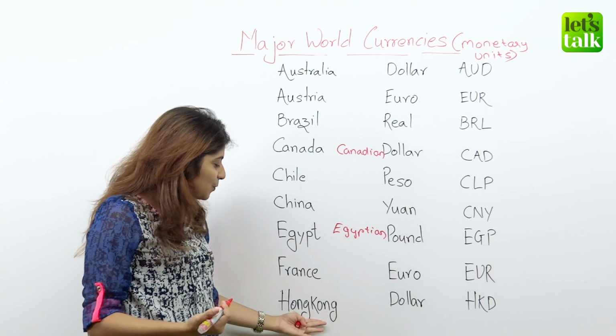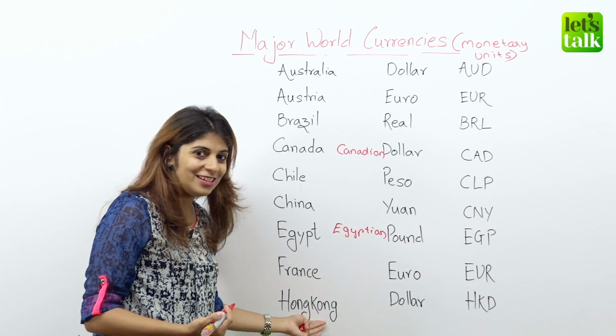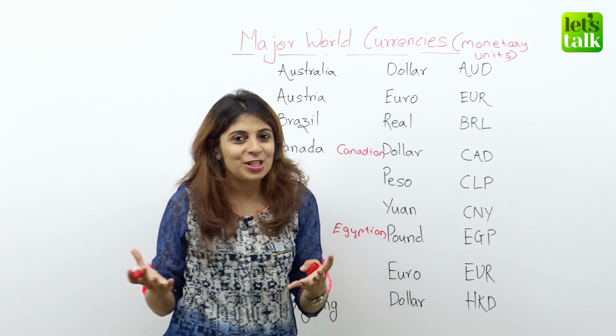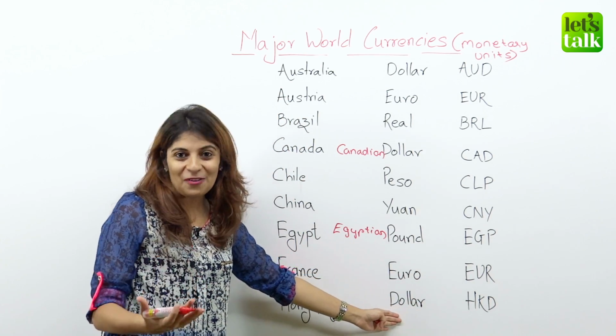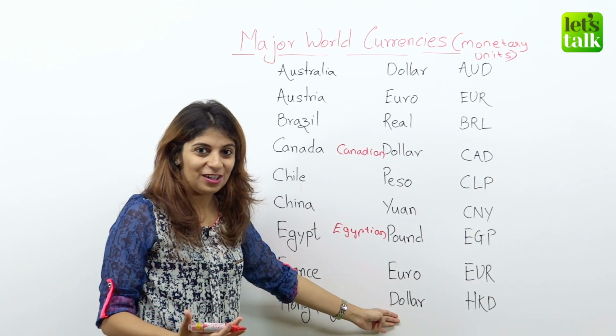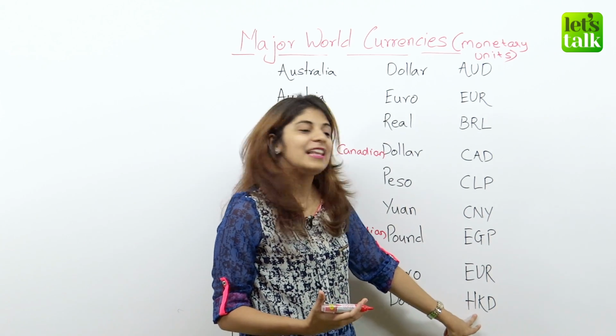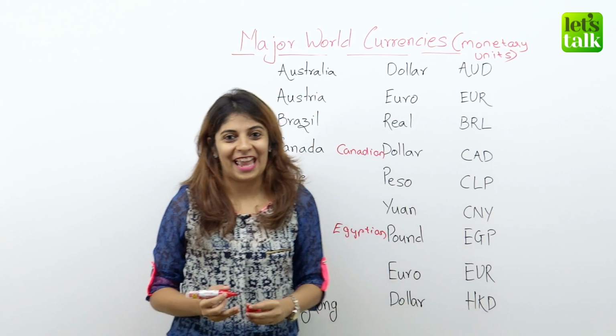And the last one here is Hong Kong, and if you are going to Hong Kong Disney, then yes, the currency that you would use is the Hong Kong dollar, and the ISO code is HKD.